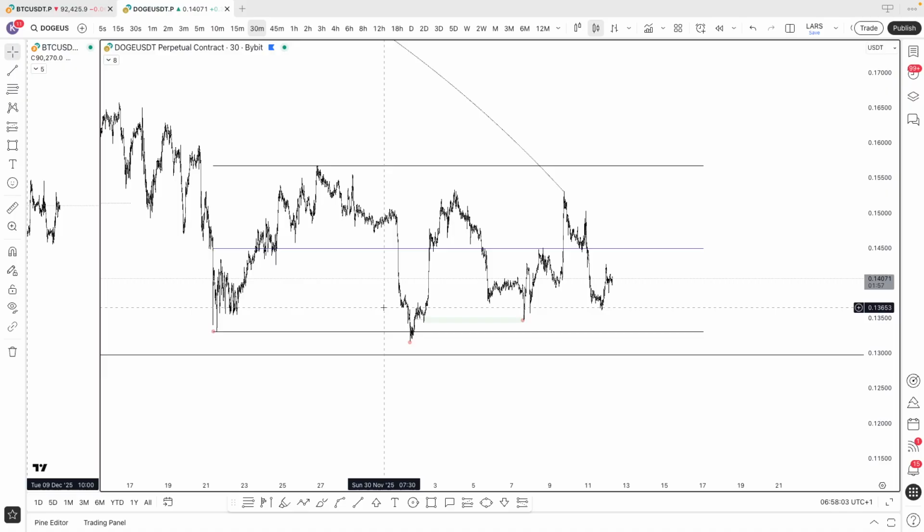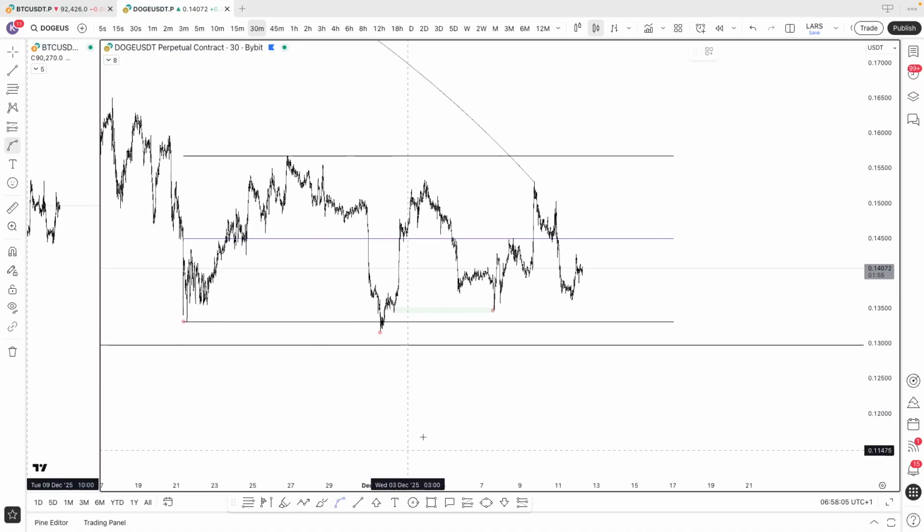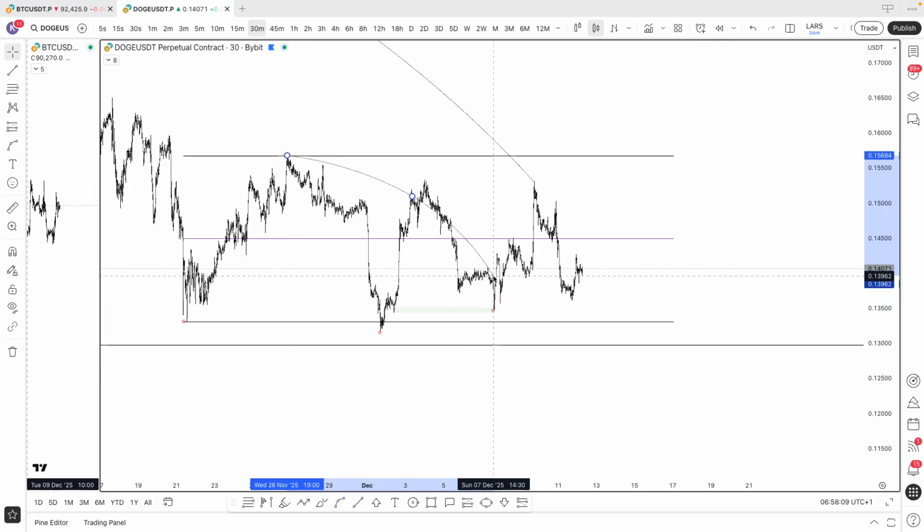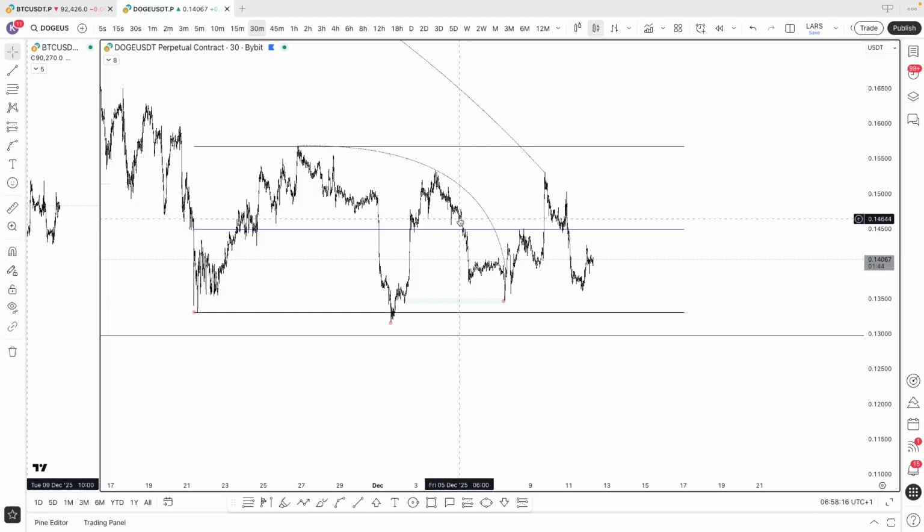accumulation schematic with a fairly decent return to zone from range high towards the range low, with some local supply in that area, but nothing too significant, and lots of buy-side liquidity above.